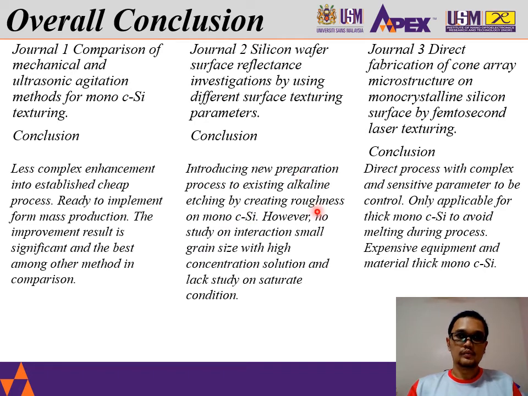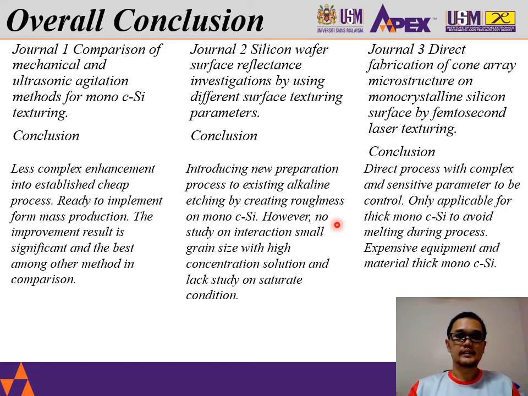And journal 2, what I can conclude is that it introduced a new kind of preparation process whereby the wafer is being exposed to abrasive surface or roughness surface with powder from aluminum oxide to create certain roughness, and then continue with the common known alkaline etching process.